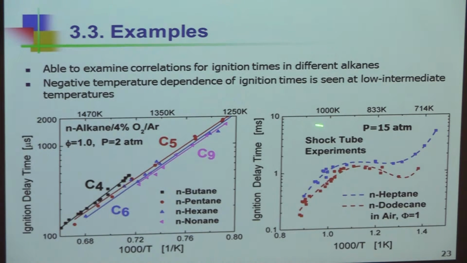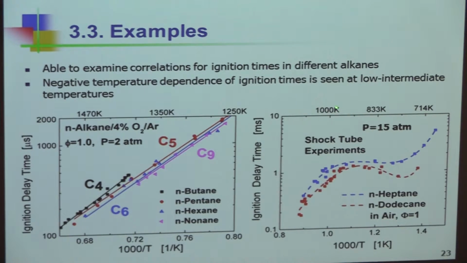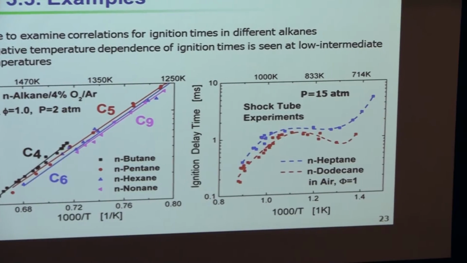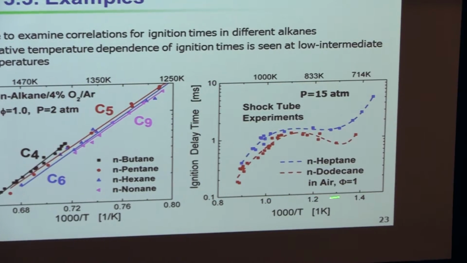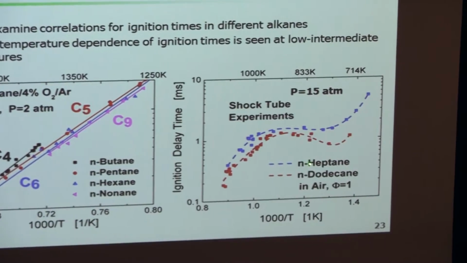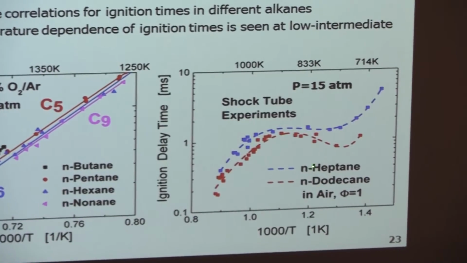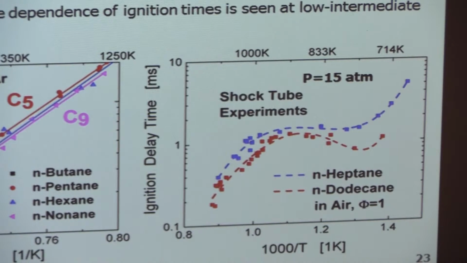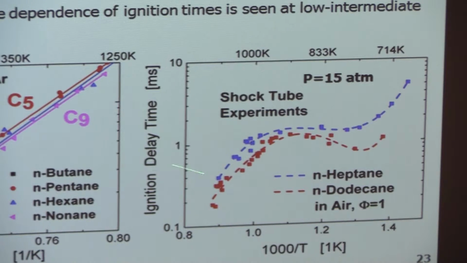If you go to lower temperatures, now dropping all the way down to say 700 degrees, and now we're looking at somewhat higher pressure, 15 instead of 2 atmospheres. Same kind of plot, ignition delay time versus 1/T, and we're looking now at heptane, C7, versus n-dodecane here, C12, in air. These are in air, and these were in oxygen.